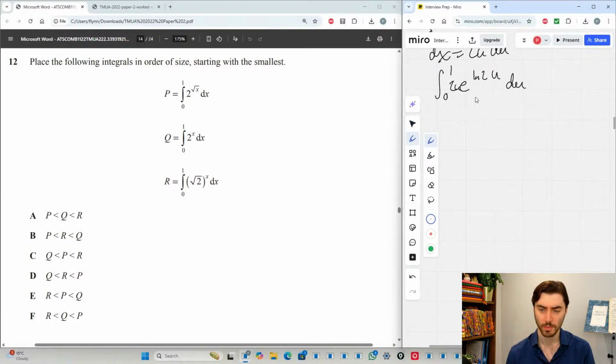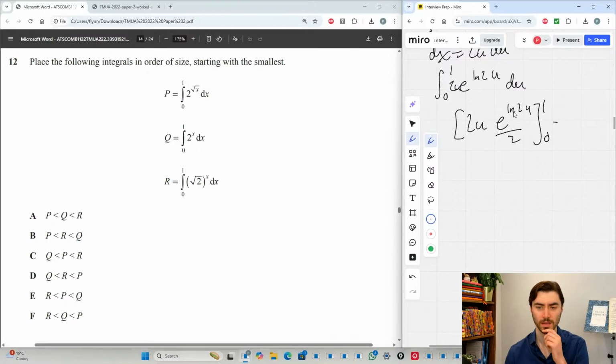So first I will integrate that. So that becomes 2u e to the ln 2u over ln 2 between 0 and 1, minus the integral from 0 to 1 of 2 over ln 2 e to the ln 2u du. Let me bring this over so I have more room to work.